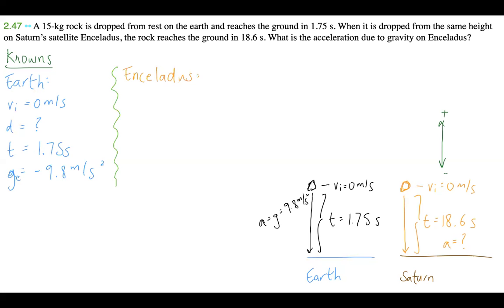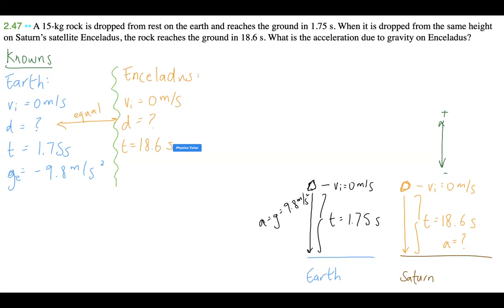Okay, so Enceladus has, again, a Vi of 0 meters per second. It travels the same distance on Earth and on Enceladus, so these are equal, but we don't know what this is either. The time it takes is 18.6 seconds.